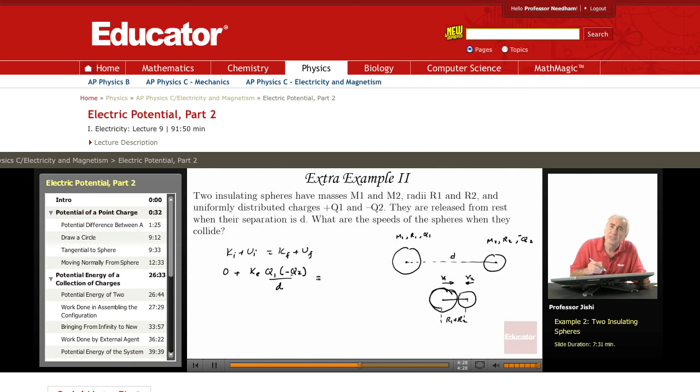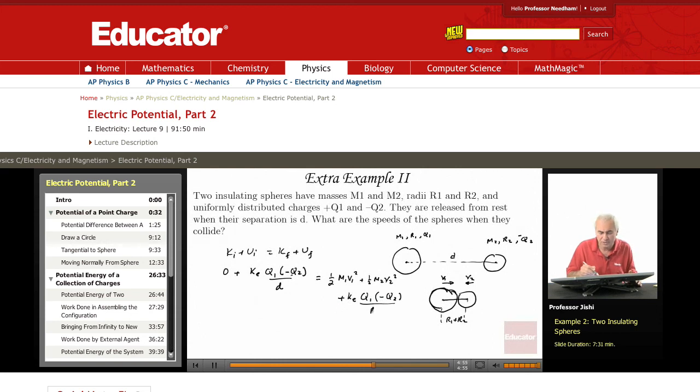What is the final energy? I have half m1 v1 squared, because now this is moving with v1, plus half m2 v2 squared. And then we have also the electric potential energy, which is plus Ke, again Q1, the first charge, times the second charge, which is minus Q2, divided by the distance.